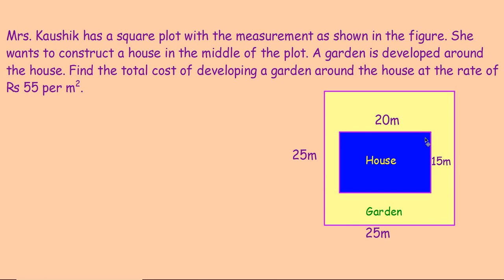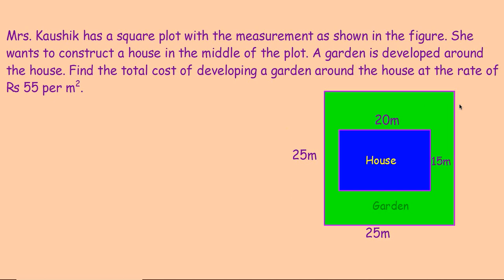Inside this plot, she has to construct a house of length 20 meter and breadth 15 meter. Now what you have to find out is the total cost of developing the garden around the house.